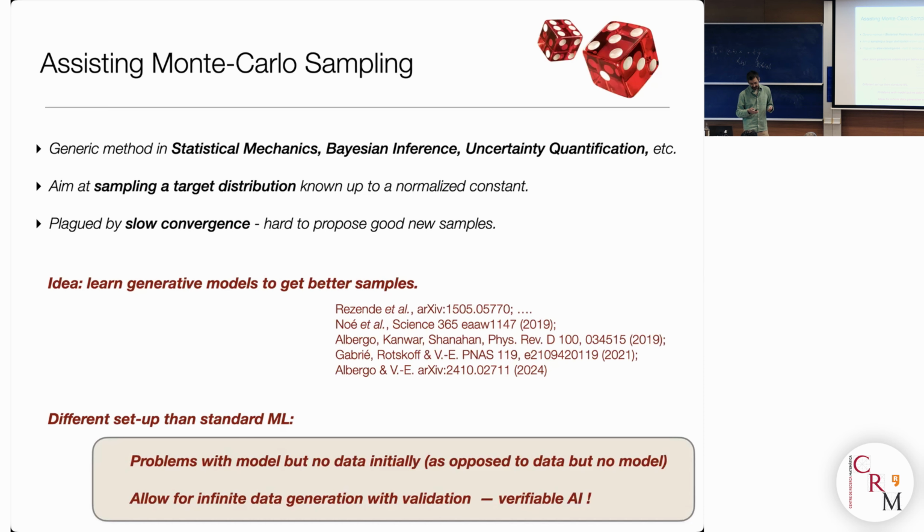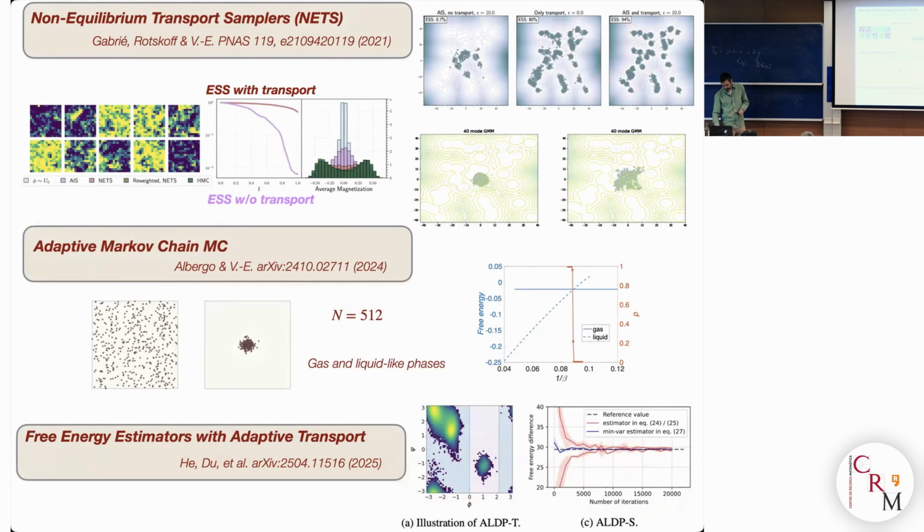It's a curse because you have no data, but it's a blessing because you have a model that allows you to assess the quality of the data. This is one case where you can have verifiable AI. In other words, you can test the quality of your model, which with images is much more complicated to do because we don't know at the end of the day what the distribution of images is. But here you do. Okay, so it's a nice area of research.